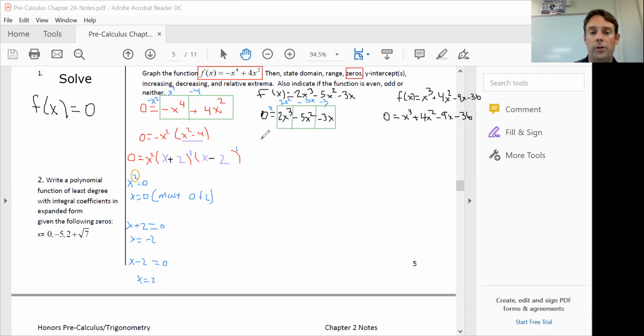So we get 0 equals x times 2x squared minus, that was a square, not a cube. I'm telling you, I struggle making 2's with my mouse. Minus 5x minus 3.